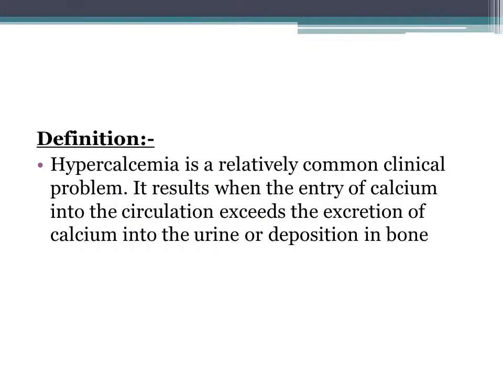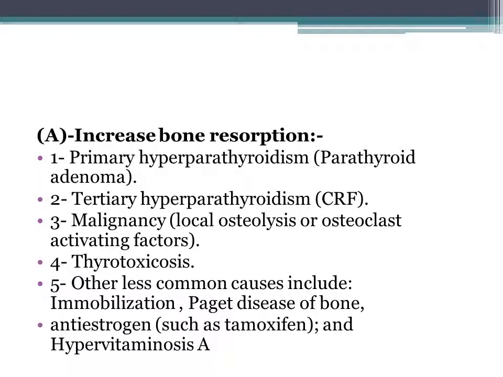Hypercalcemia is a relatively common clinical problem. It results when the entry of calcium into circulation exceeds the excretion of calcium into urine or deposition in bone. Causes of hypercalcemia can be classified into causes which increase bone resorption, so causes which may stimulate osteoclast activity, like primary hyperparathyroidism, tertiary hyperparathyroidism, malignancy through secretion of local osteolytic or osteoclast activating factors, thyrotoxicosis.